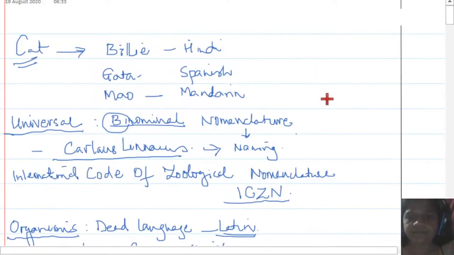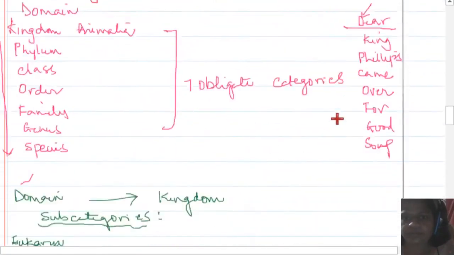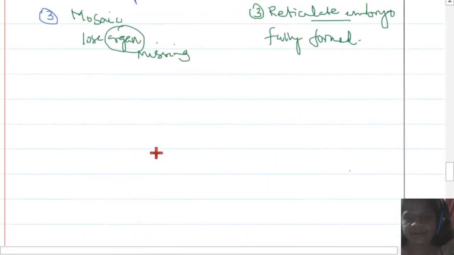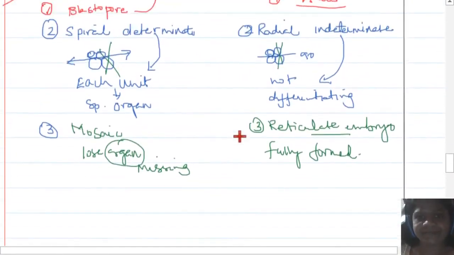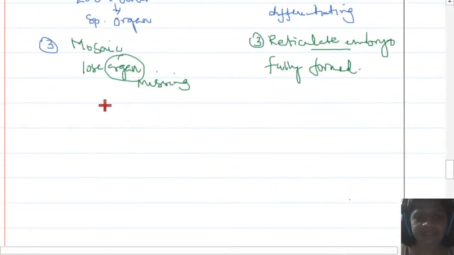Now let's come back to, where did we end? Oof. All right. So division, right? Protostomia and Deuterostomia. The division also has 3 subdivisions.